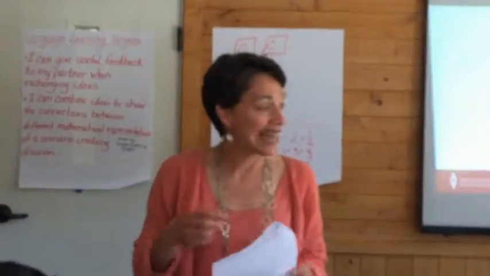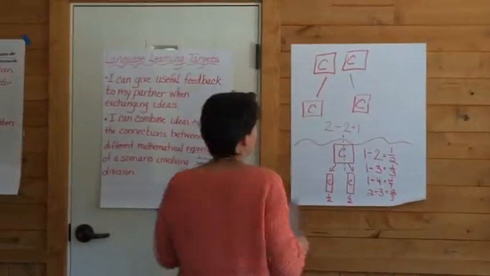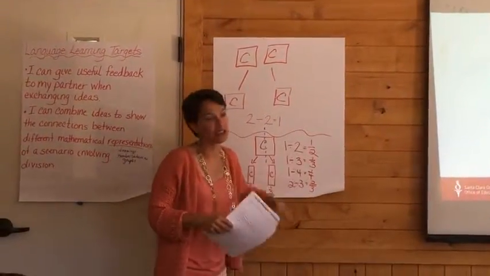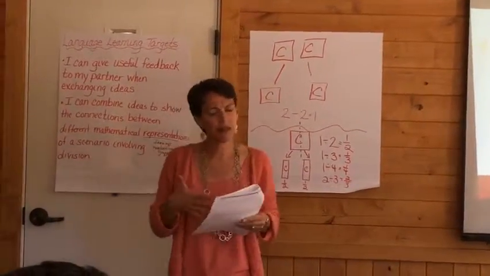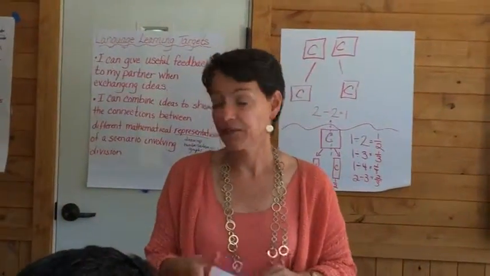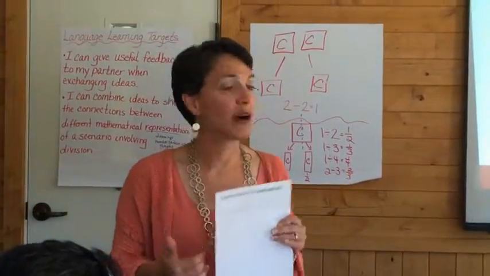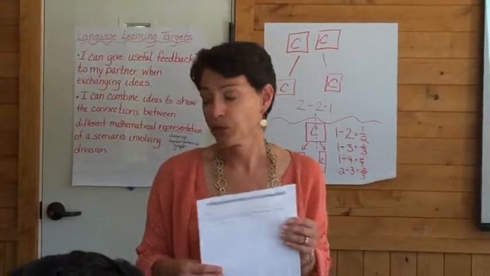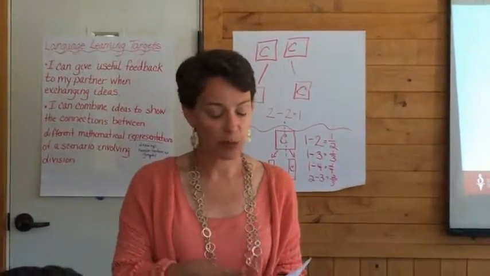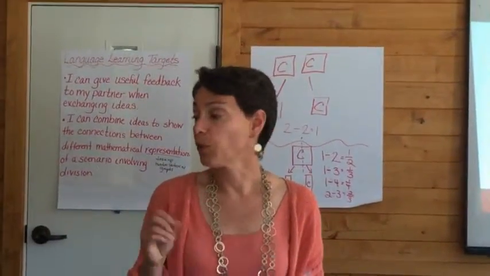It's not naked. We call things like 1 divided by 2, 1 divided by 3 naked numbers, because there's no context attached to it. So there are some problems like that, but there's also context. And then for homework, the kids get the same type of problems that are on here. So that's how this lesson would end, with this problem set, and then there'd be homework that matches it.